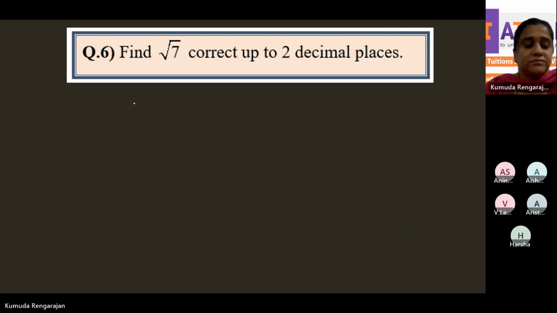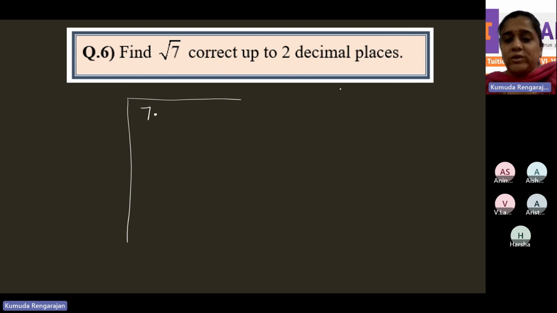Now we know 7 is 7.0000, as many zeros as you want. 7 means 7 point, you can add as many zeros as you want. Now, the question says find the value of square root of 7, correct up to 2 decimal places. 2 plus 1 is 3.